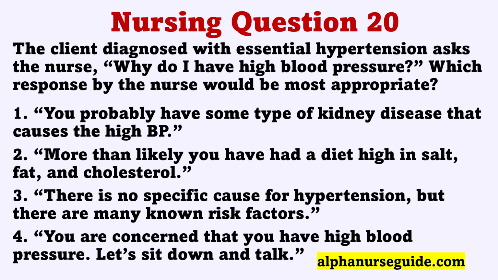There is no known cause for essential hypertension, but many factors, both modifiable and non-modifiable, are risk factors for essential hypertension. Kidney disease leads to secondary hypertension. Secondary hypertension is elevated blood pressure resulting from an identifiable underlying process. A high salt, high fat, high cholesterol diet is a risk factor for essential hypertension, but it is not the only cause.